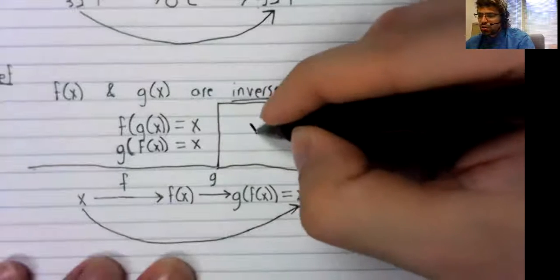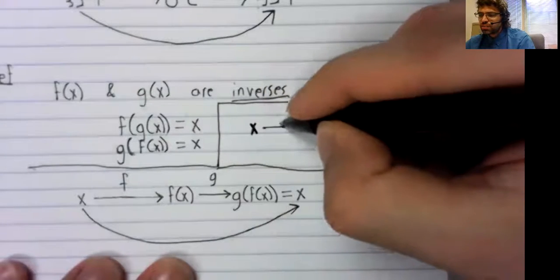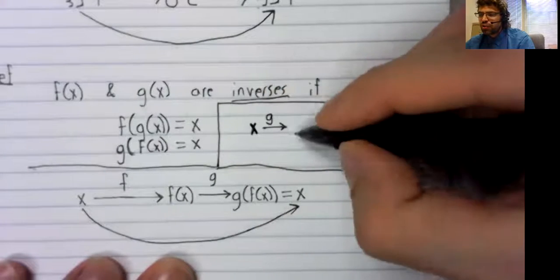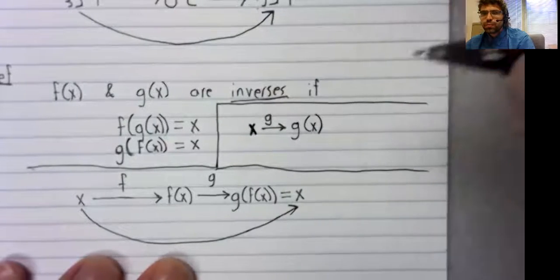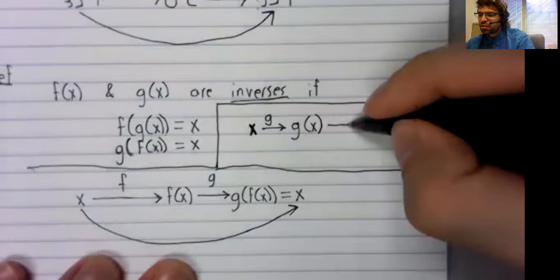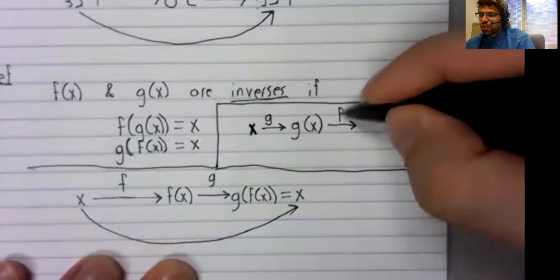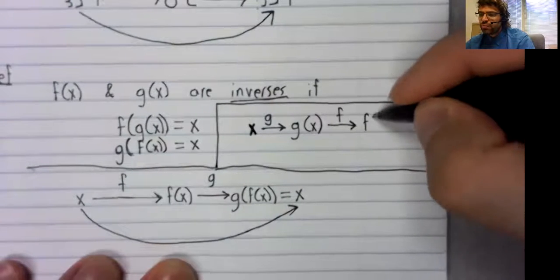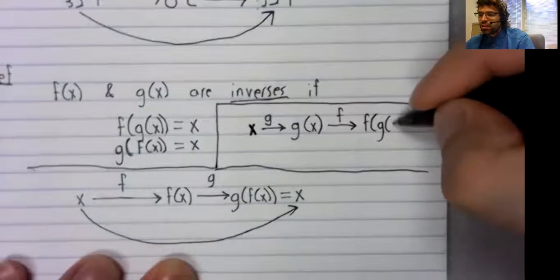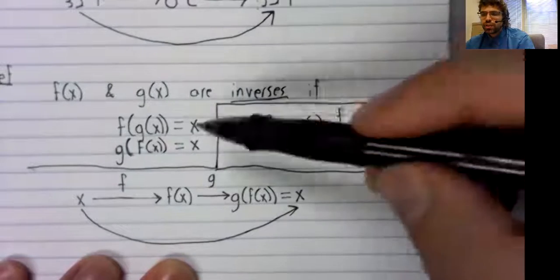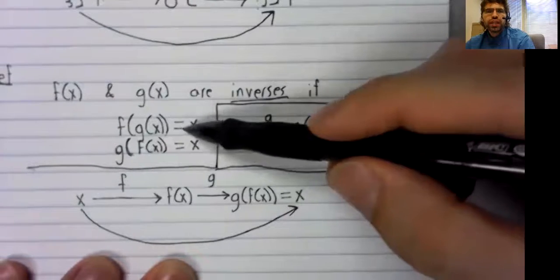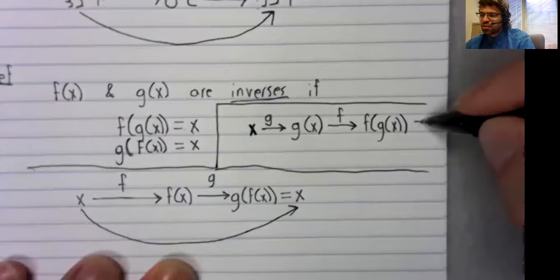If we start with x and apply g, we get to g of x. We apply f, we get to f of g of x, but f of g of x is x.